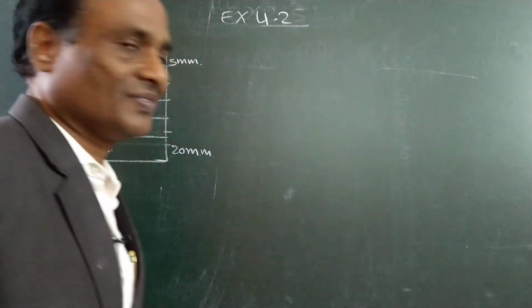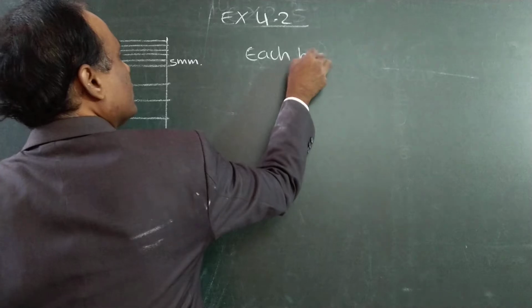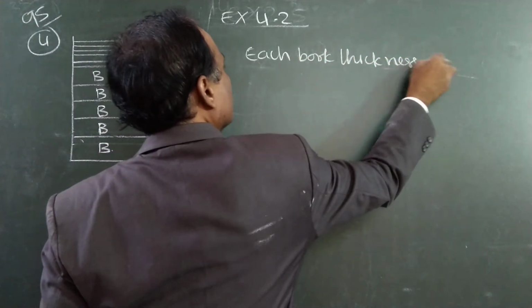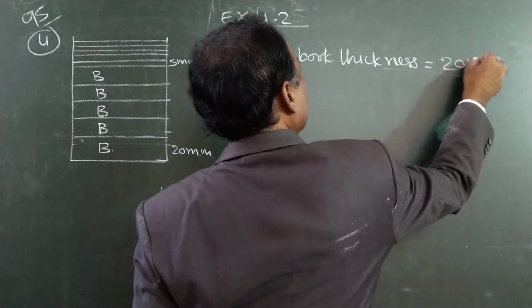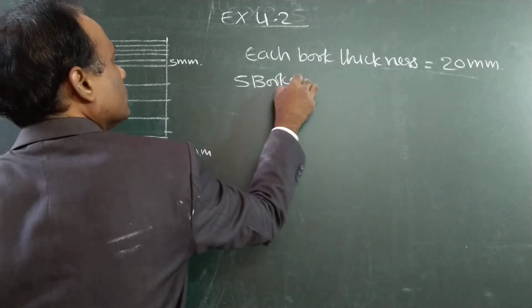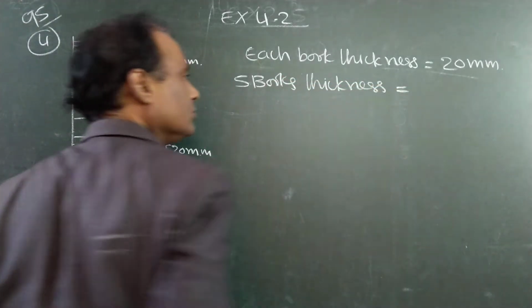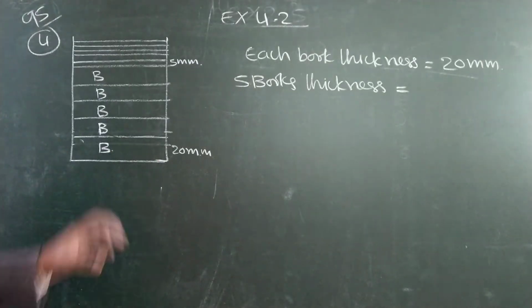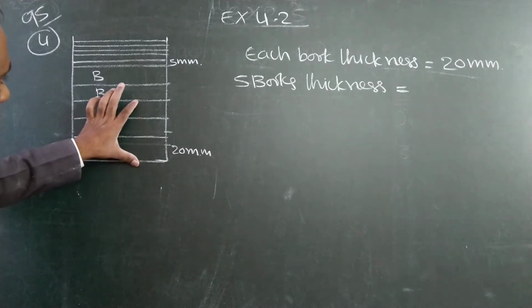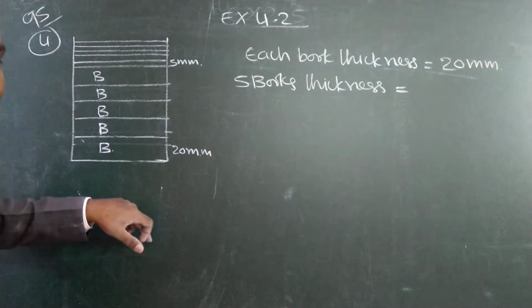Write down each book's thickness: 20 mm. This is one book, 20 mm, 2 books 40, 3 books 60, 4 books 80, 5 books 100.